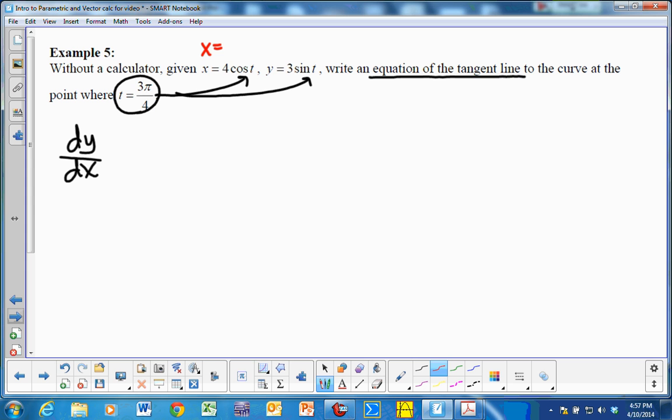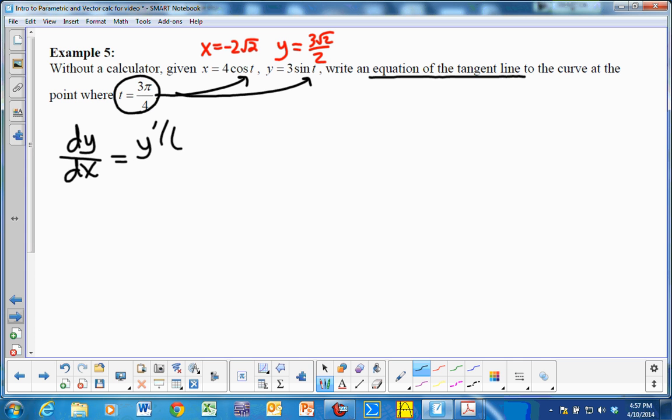So x would actually equal then negative 2 square root of 2. And if we plug in 3π/4 into y, we'll get sine of 3π/4, which is square root of 2 over 2 times 3. So that's 3 square root of 2 over 2. So there's your point. So now all I have left to do is figure out what's the derivative. And that gives me the slope.